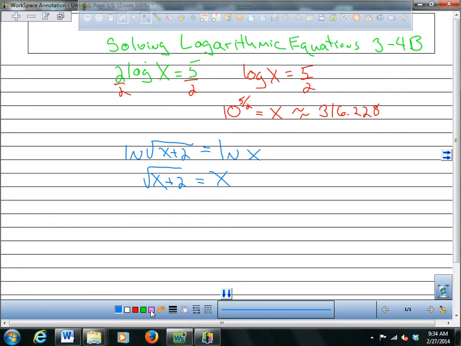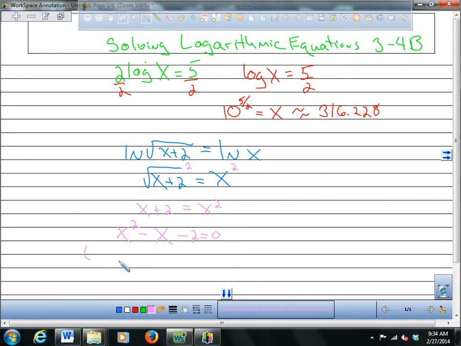And then I have to go through some algebra here. I have to square both sides to get rid of the square root. So I get x plus 2 equals x squared. And then I want to bring everything onto one side. I'm going to bring these onto the x squared side because I like to lead with a positive coefficient. x squared minus x minus 2 equals 0.